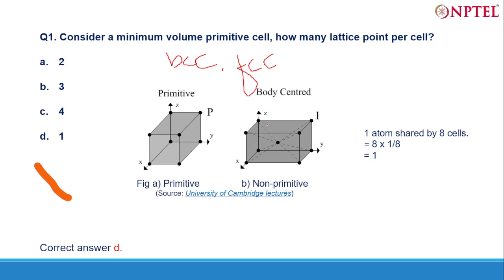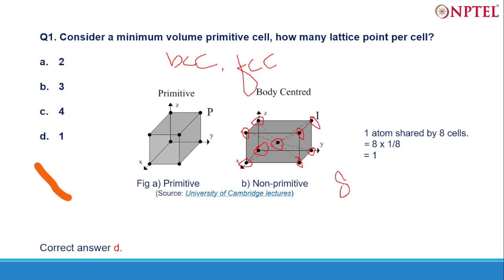We see a body center atom, and atoms at the corners, here, here, here. The one in the middle is at the center of this keyboard. So now count: 1, 2, 3, 4, 5, 6, 7, 8.